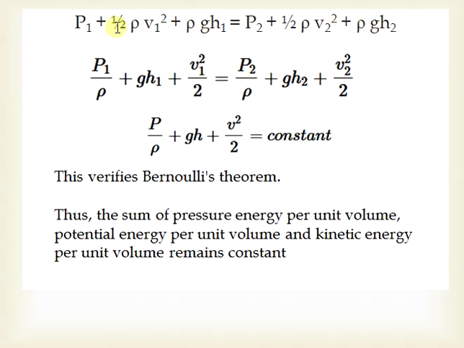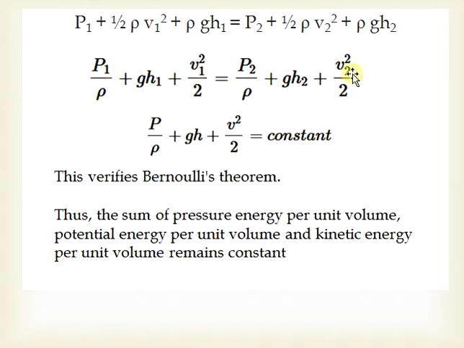So we can rearrange the equations in this format. Then we divide this equation throughout by rho. We will get P1 by rho plus g h1 plus V1 square by 2 is equal to P2 by rho plus g h2 plus V2 square by 2.